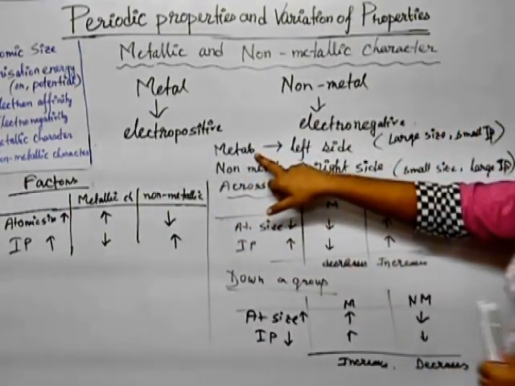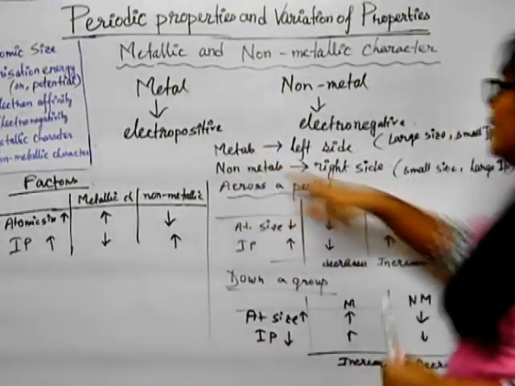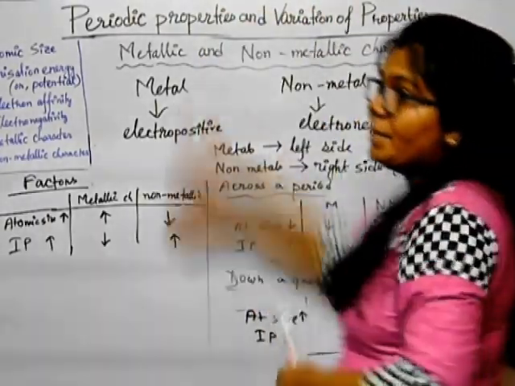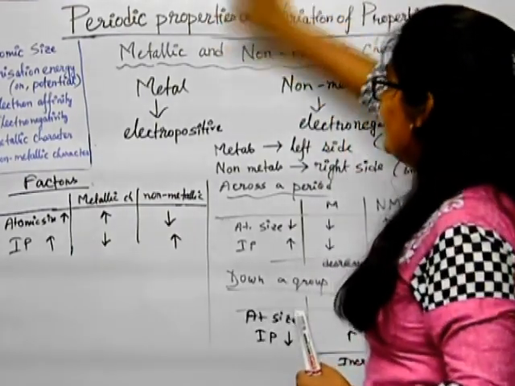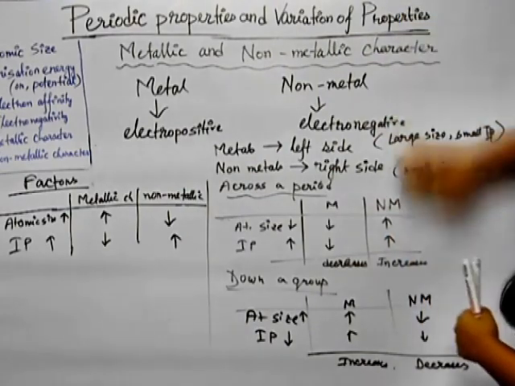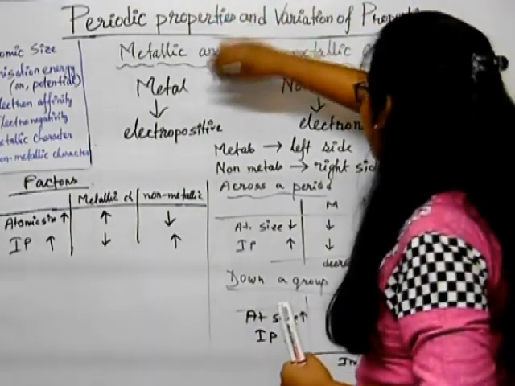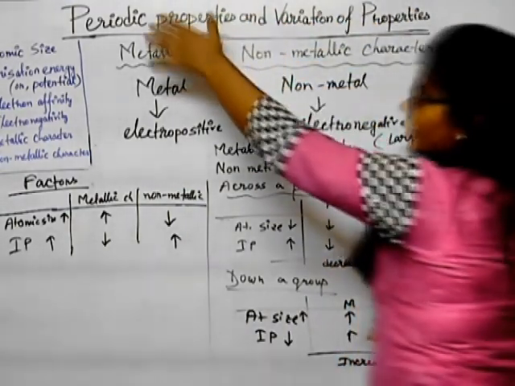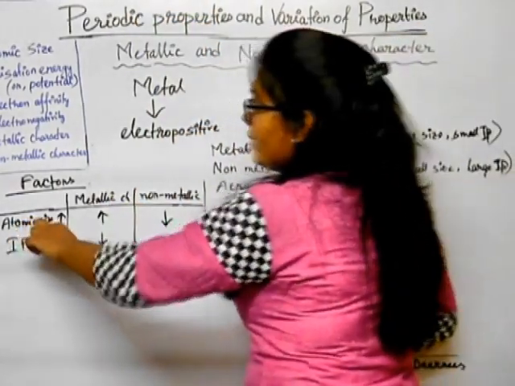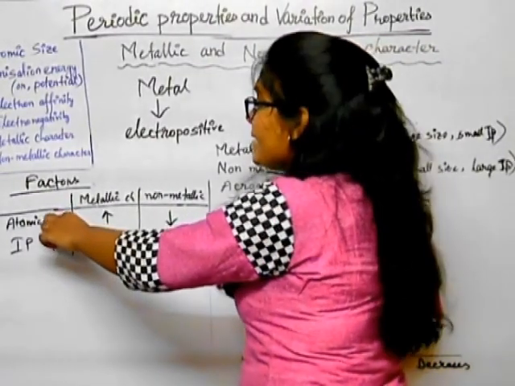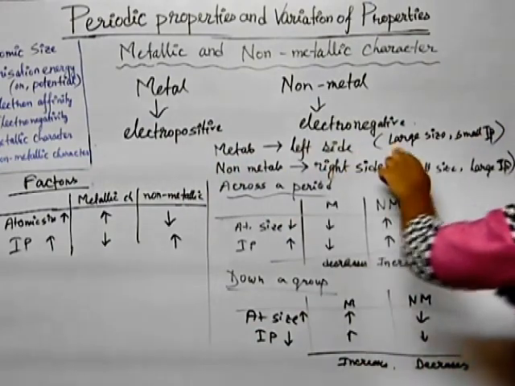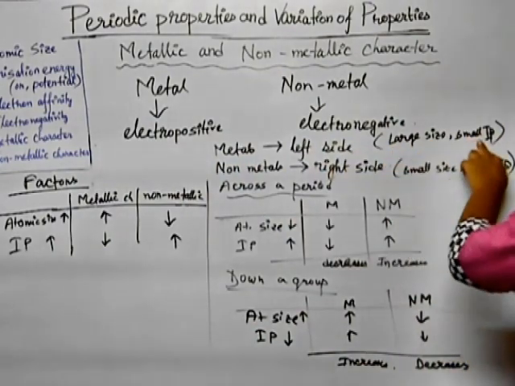In the periodic table, metals are on the left side, and in the right side there are non-metals. In case of metals, they have large sizes. On the left side, from here we can see atomic size is more. So metals have large size and small IP.